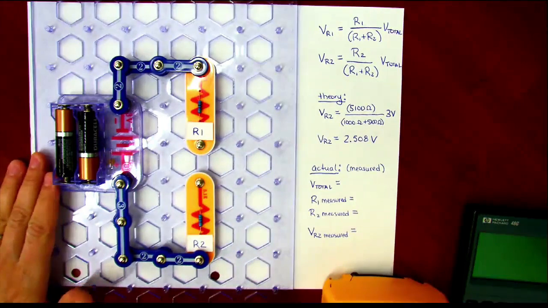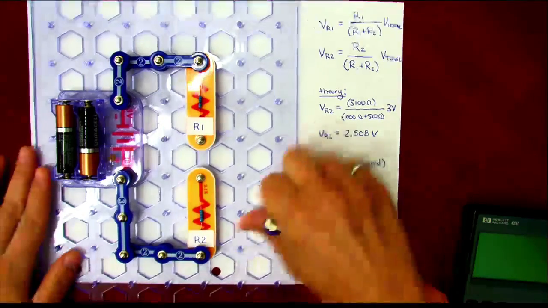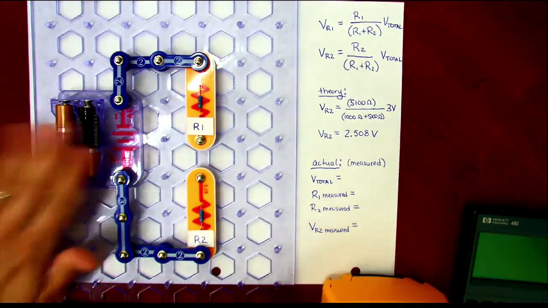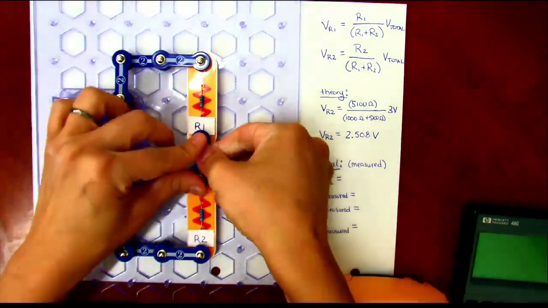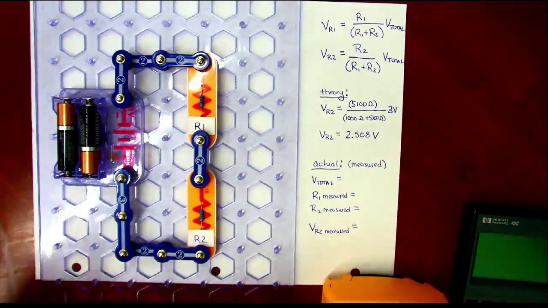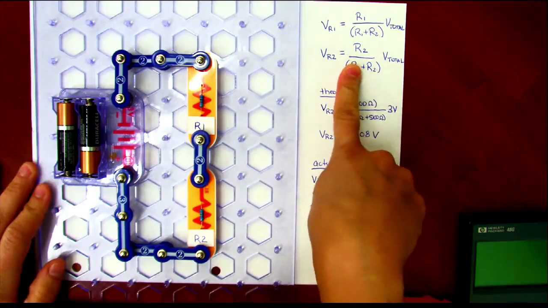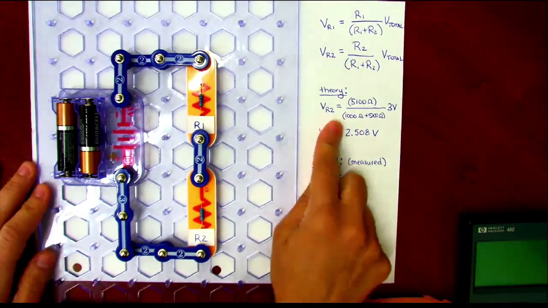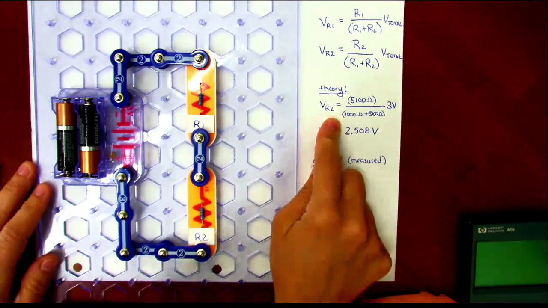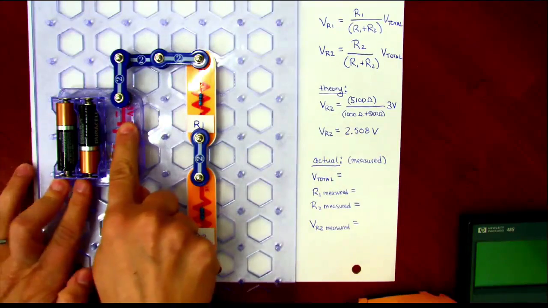I have 2 resistors, an R1 and an R2, and I have some batteries, and I'm going to go ahead and complete my circuit here. We have our equations over here that we just derived. Now, we have a theoretical value. This has a 3 volt written on it.